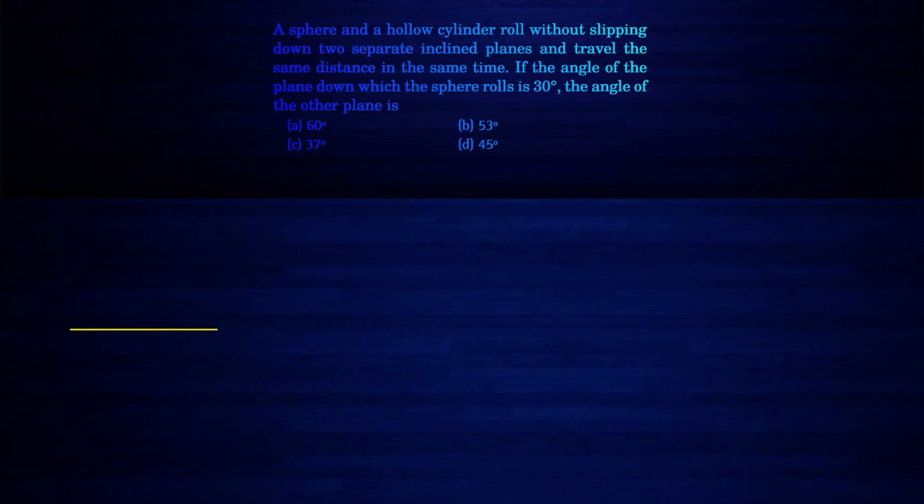Now for the cylinder, let this be theta. Then mg sin theta minus F equals ma and F r equals m r square alpha, which is the second equation.